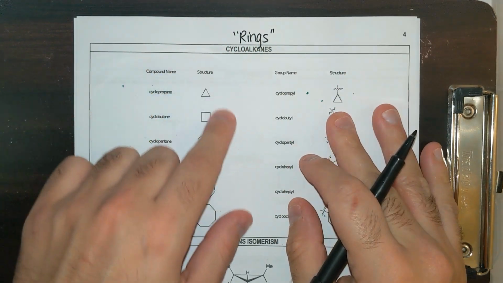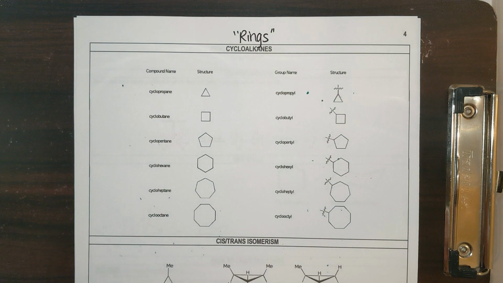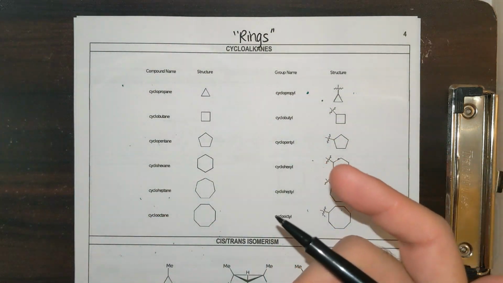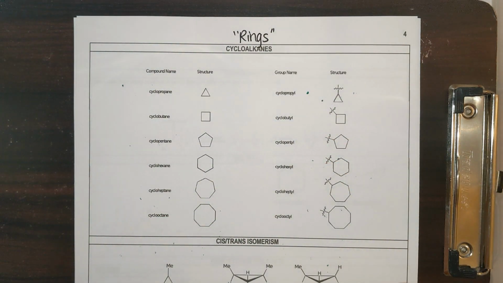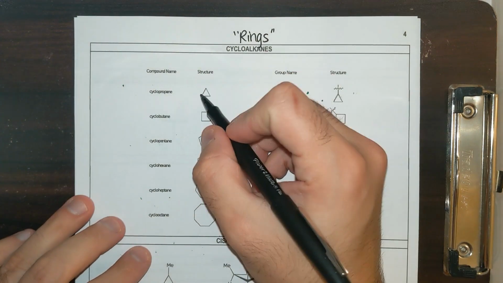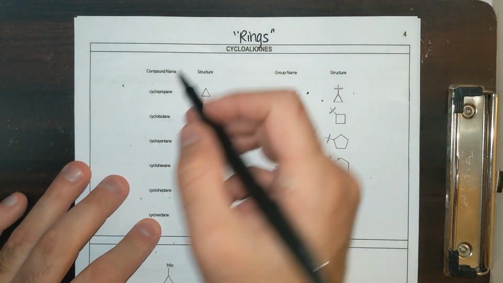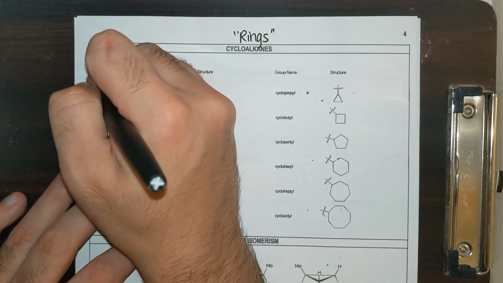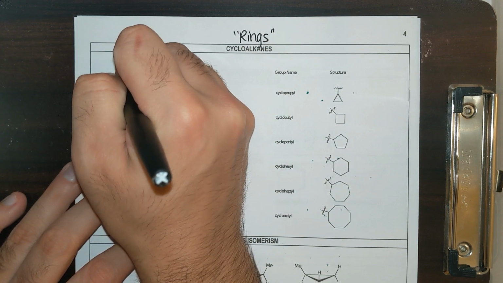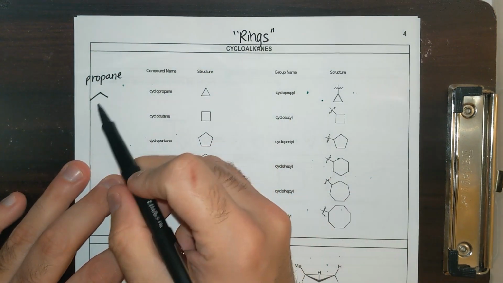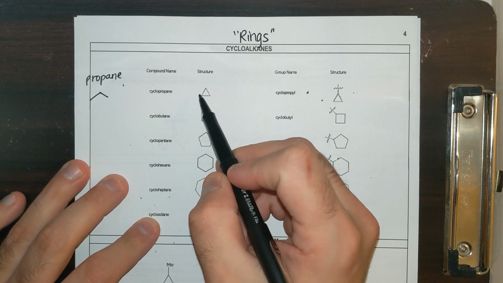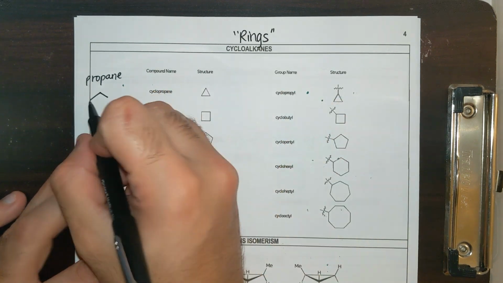Don't forget that rings are a continuous circle of carbons, a chain of carbons that are connected on both ends, as opposed to, let's say, cyclopropane versus propane. Propane would look like this: one, two, three. Cyclopropane, one, two, three. It still has three carbons.